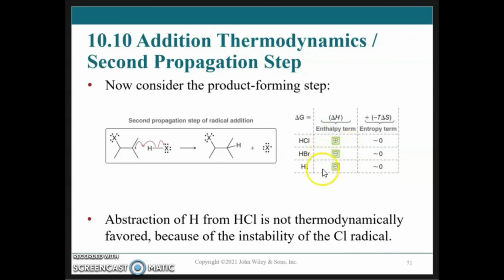And with HI, even though this step has a negative delta H, the first step cannot proceed. So this step really is irrelevant because it just doesn't occur. So only HBr will participate in the anti-Markovnikov addition or the radical addition of bromine across the double bond.